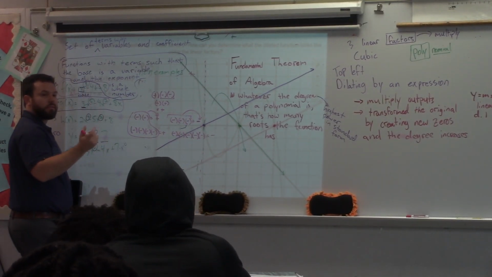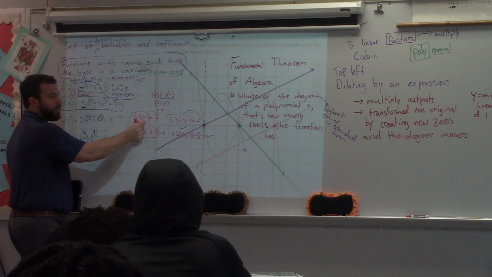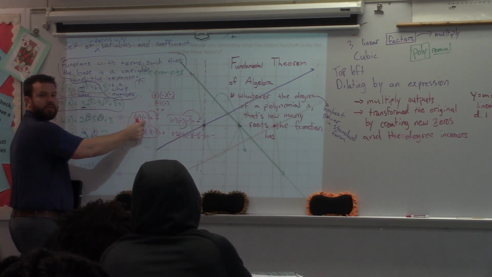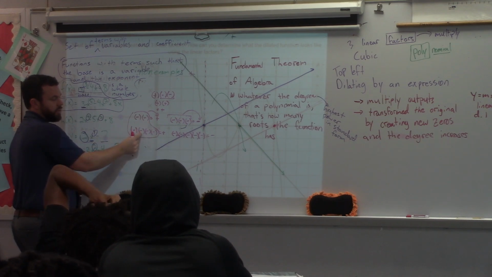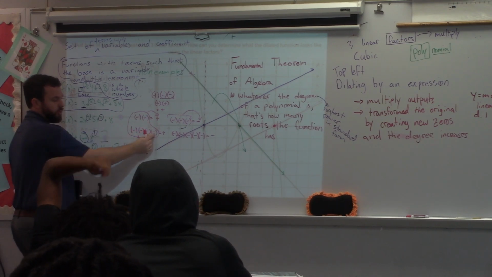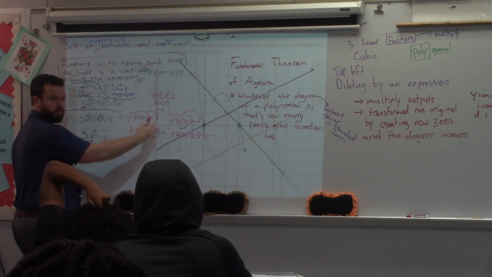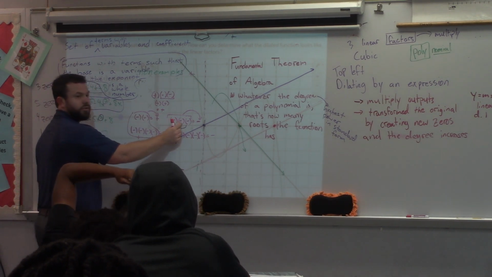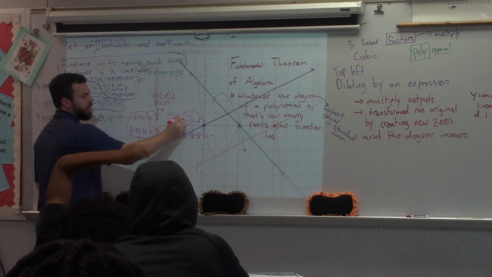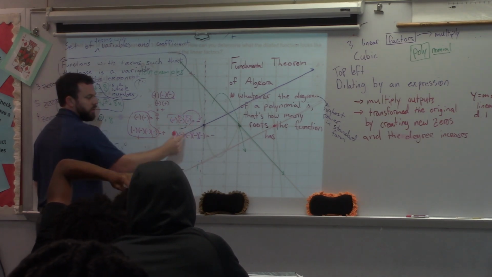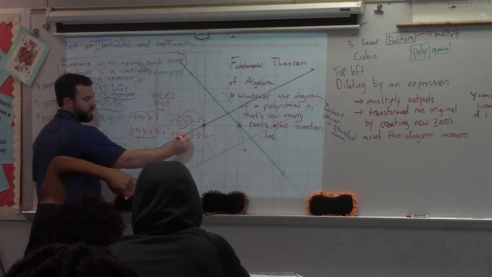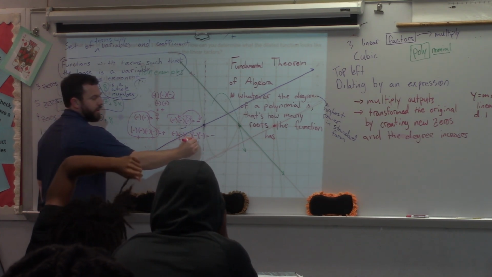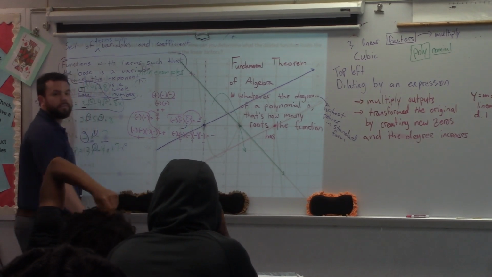Because here's the thing, right? Every 2 negatives, what do they give me? Positive. So these two become positive. Over here, these two become a positive, and what's a positive times a negative? Negative. These two become positive, and then 1 negative, so it'd be negative.